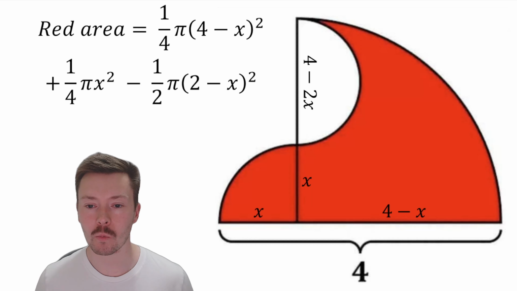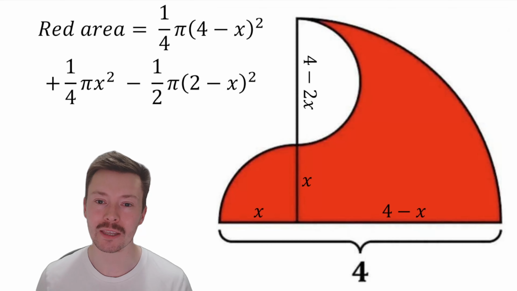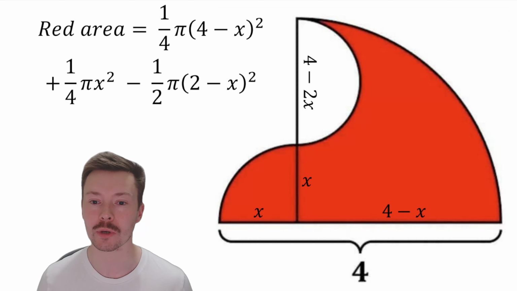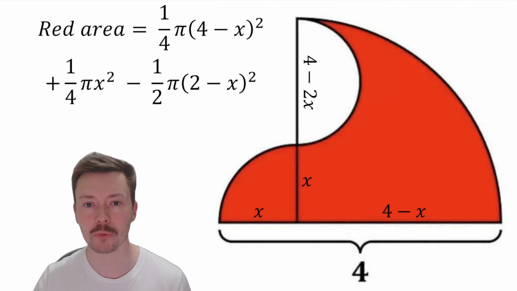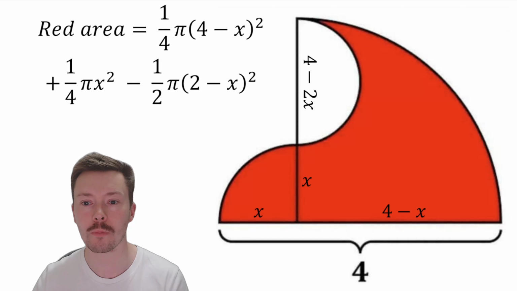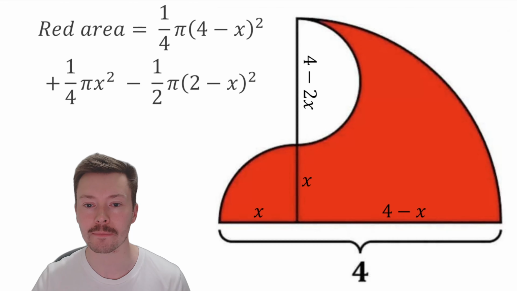Okay, now what we need to do is expand these brackets. So the 4 minus X squared and the 2 minus X squared, we need to expand those brackets. So let's go about doing that. We're going to concentrate first of all on the quarter pi times 4 minus X squared.